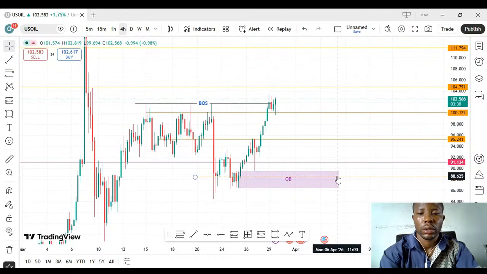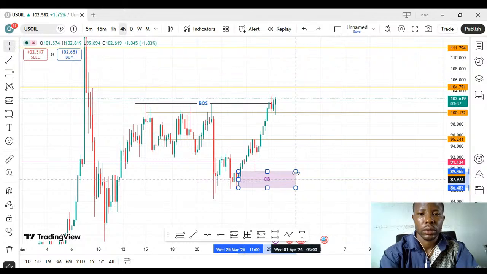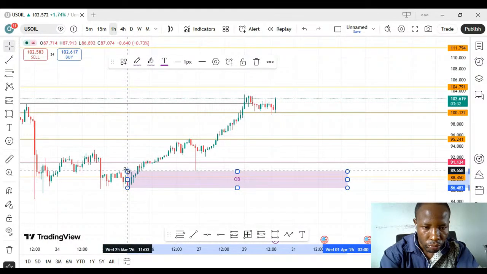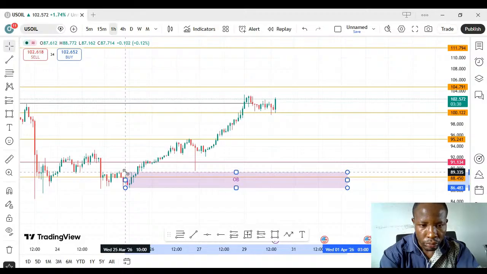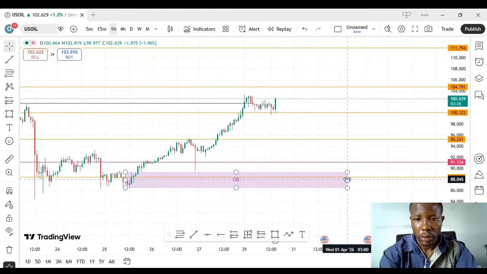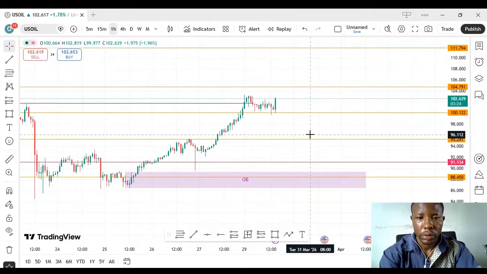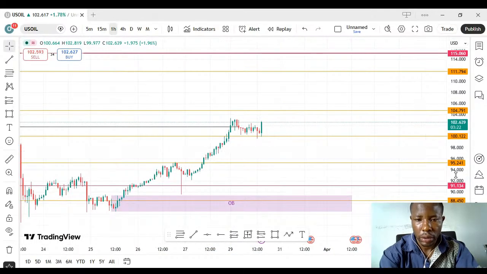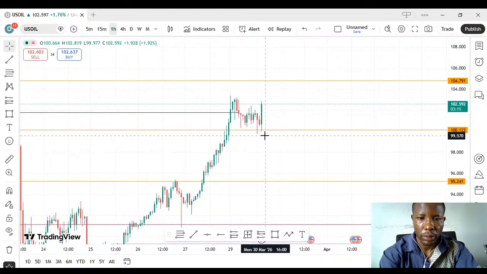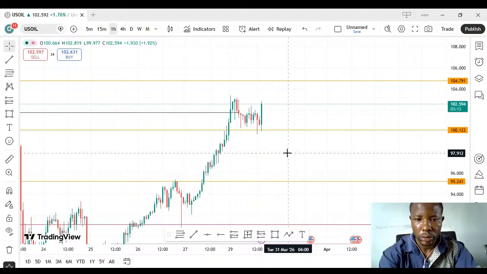Okay, so let's go to 1 hour. See the order block. You can see that the market is pushing back to those daily zones, and from there pushing all the way up back to the upside line.